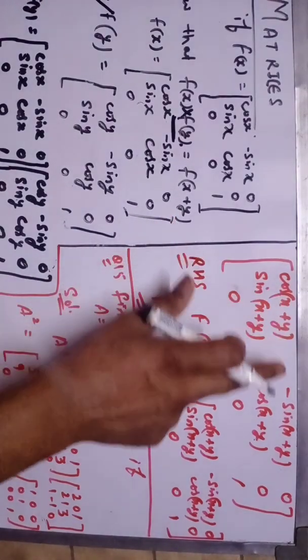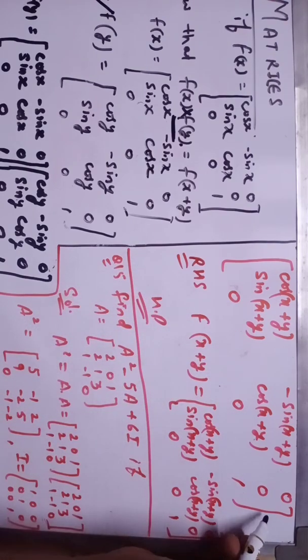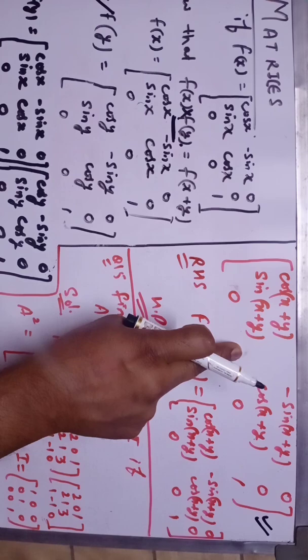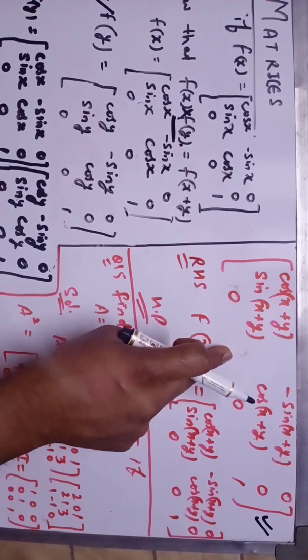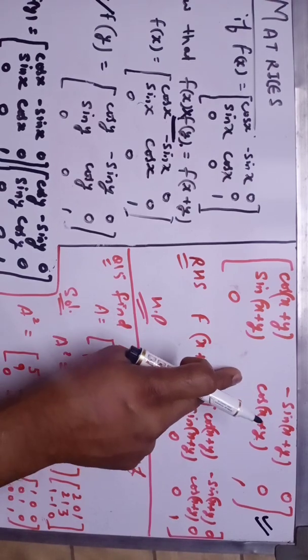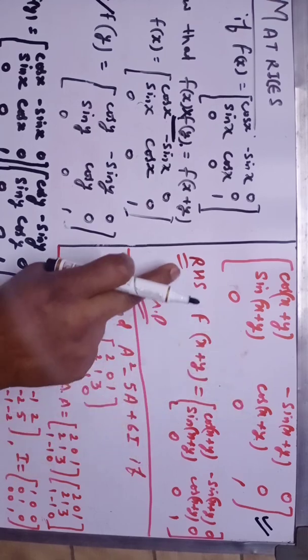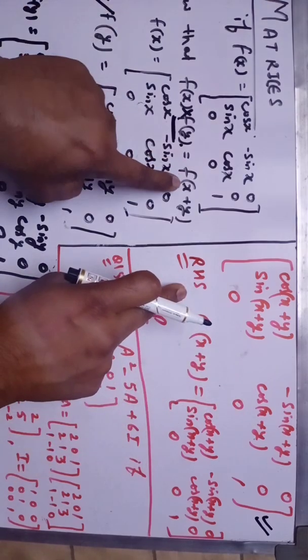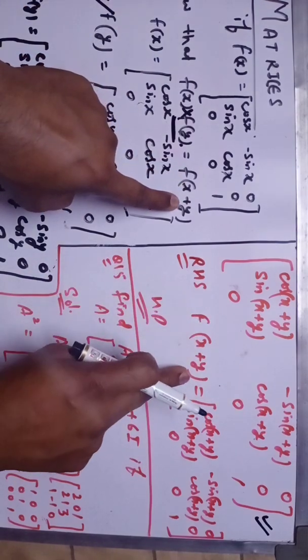So all of them will convert into the formula. When you get this matrix, this is your left hand side after calculation. And your right hand side is F(x plus y).